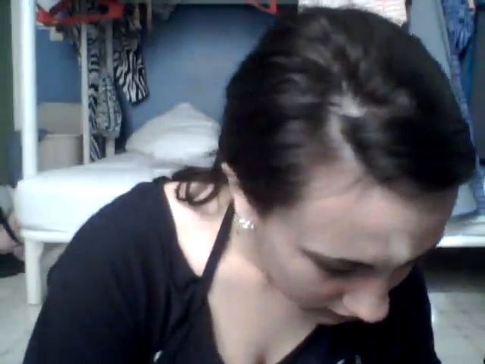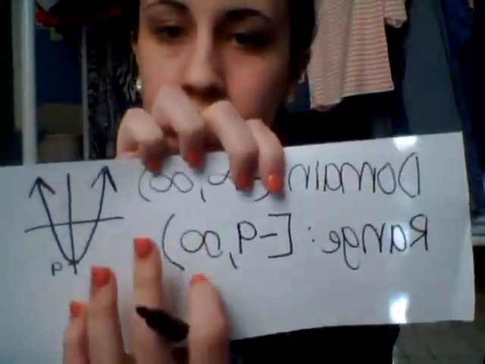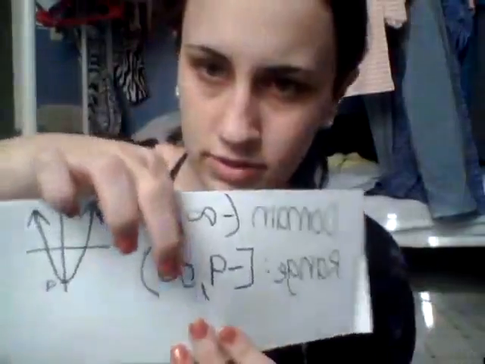But like I said, since it actually lands on -9, it will be indicated like this, with the bracket, -9, infinity. These are infinity symbols, for any of you that didn't know.